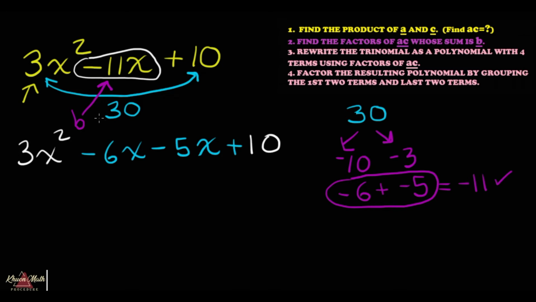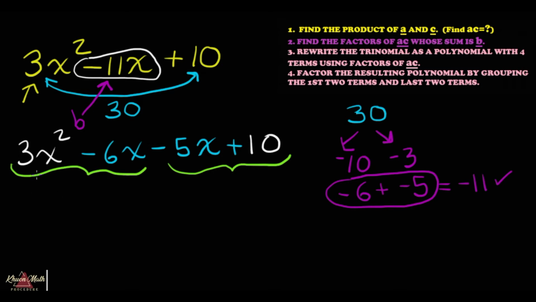We're going to break this polynomial up into 2 groups. The first 2 will be one group, and then the last 2 will be the other group. So each group is a binomial, and we're going to factor each binomial by pulling out the greatest common factor.